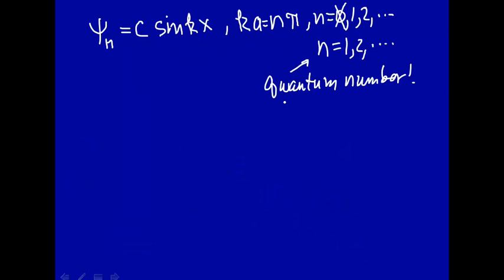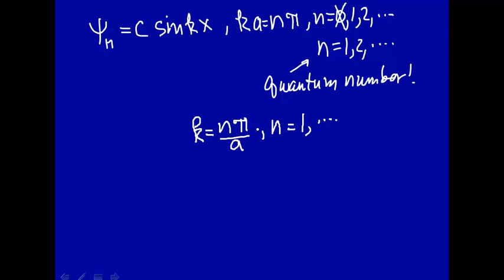Okay, so it's a quantum number. So we say, all right, fine. That's what that is. Now ka is equal to n pi, or k is equal to n pi over a, where n now starts from 1 and goes on up.